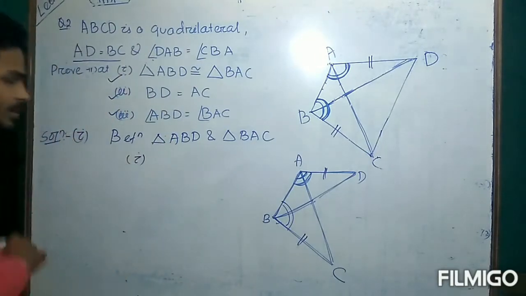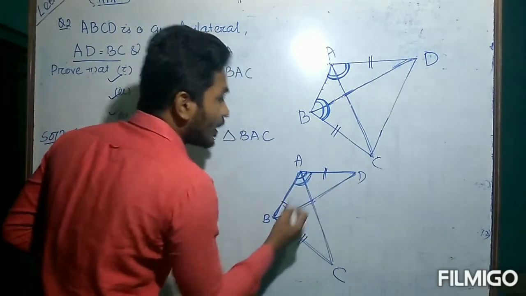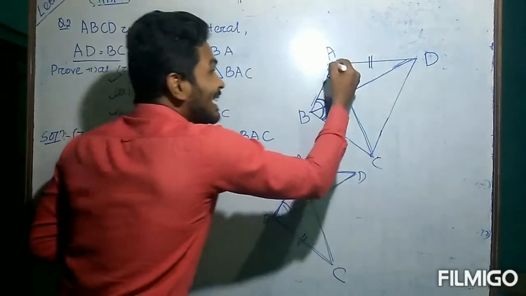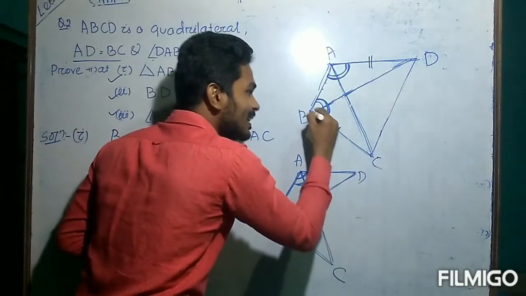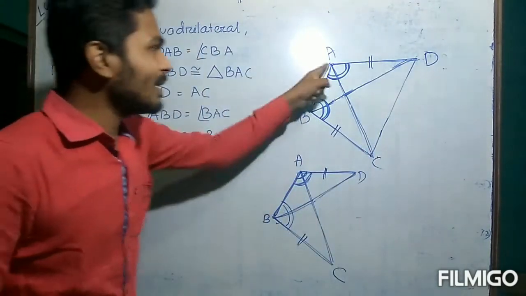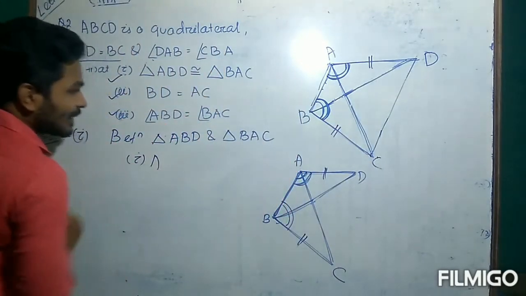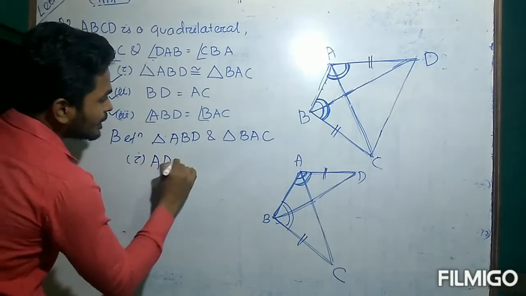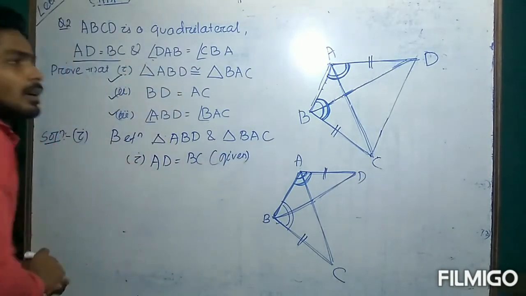The first condition is that in this triangle this side is equal to, in this triangle, this side. Yes, AD is equal to BC, it is given. So you can write that AD is equal to BC. Why? Because it is given.